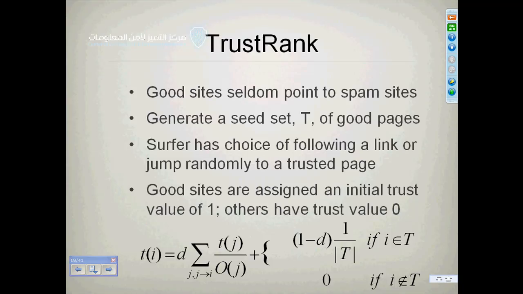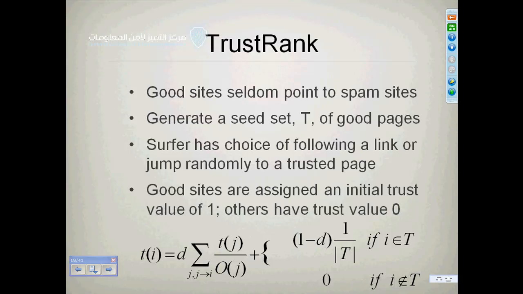Here we try to calculate what is the trust associated with page I, based on other pages that are linked to this page. And in terms of other pages that are linked to this page, what percentage of them are actually trustworthy? Okay?